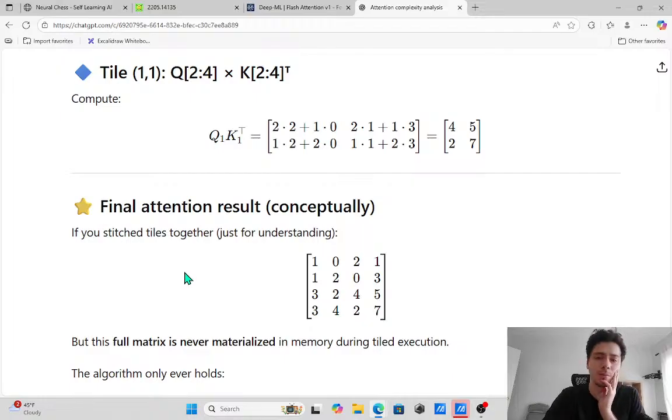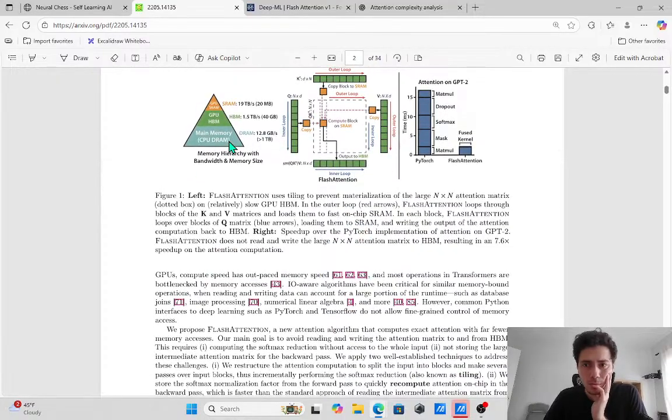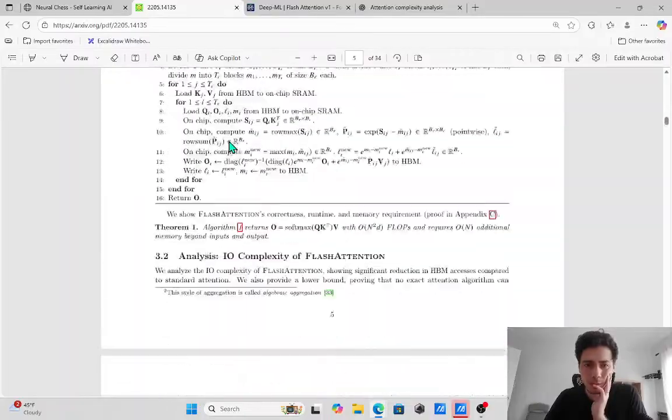You want to share the link for the diagram of tiling? Or is it actually in the paper itself? I don't think it's in the paper.